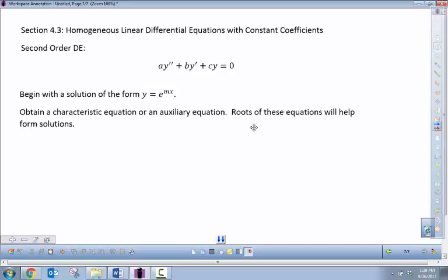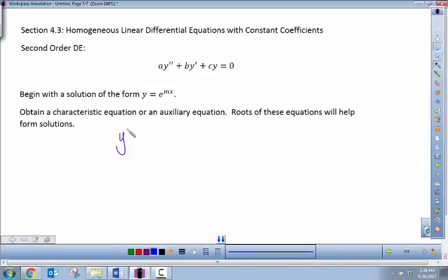And we'll see that. Let's take the example that we did. What was the last differential equation that we had? Let's just make it homogeneous. y double prime minus 3y prime plus 2y. So let's consider the homogeneous portion.